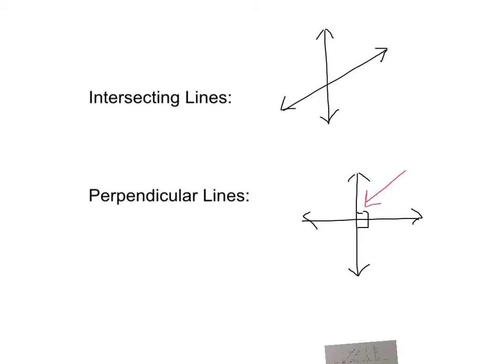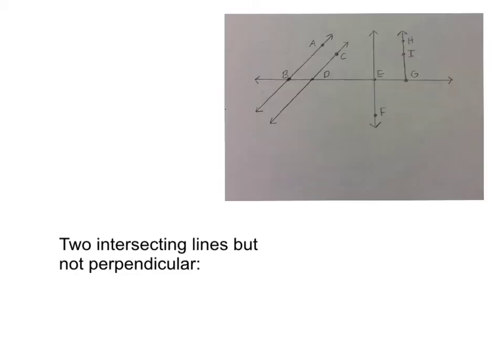So if we were to look back to our plane figure, and it were to ask us what are the names of two intersecting lines but are not perpendicular, we could spot out, for example, if I were looking at BG and CD.